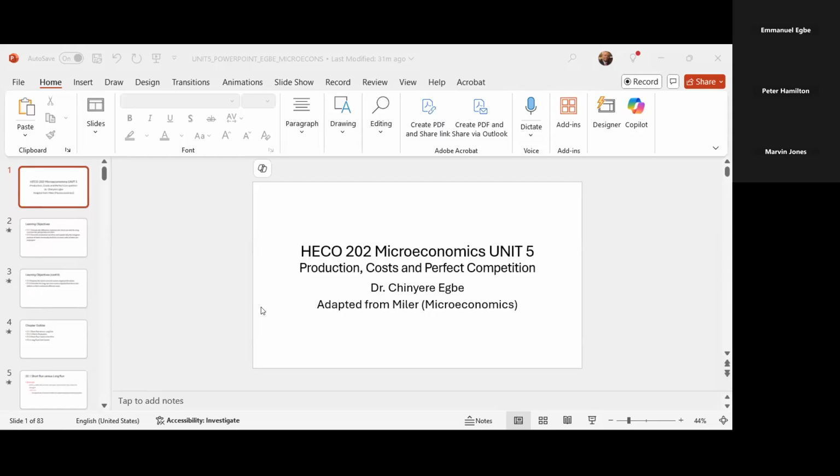Today we're going to talk about industrial production. We're going to begin with a discussion of production costs and then how the production processes of businesses, of firms, manifest in the market. They manifest in the dynamics of the market.